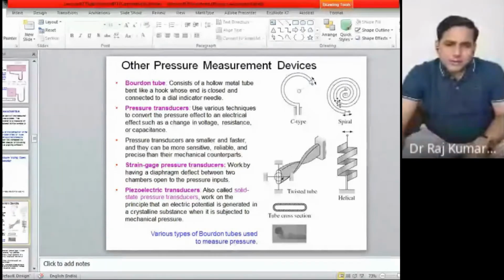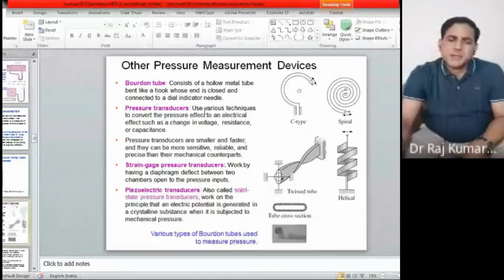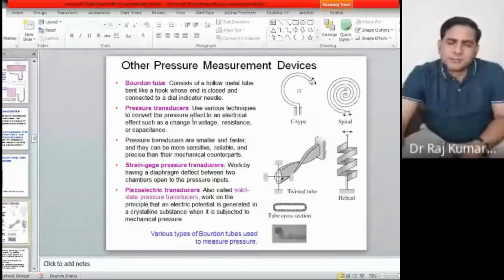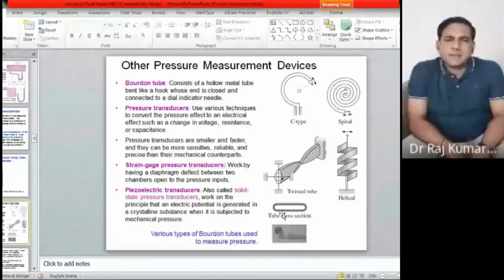So what are these? One is the Bourdon tube, and one is called the pressure transducer. Here also you have the movement. In this case also you are getting the twisting of the rod. Here also you have helical coils. What is happening in all these things?